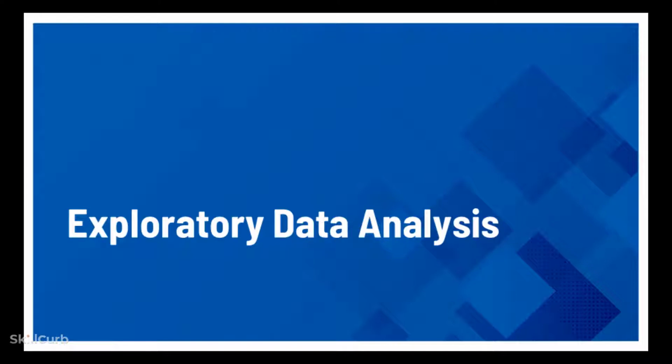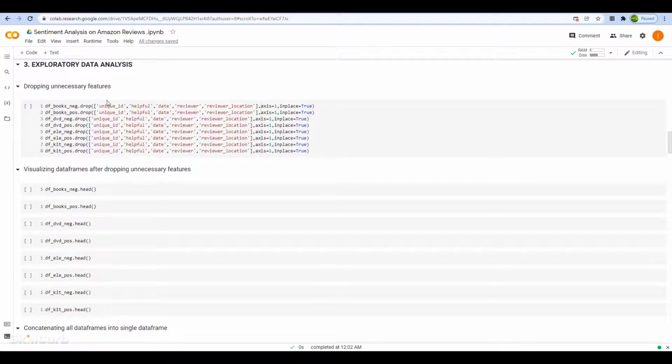In this session, we will perform the exploratory data analysis on the dataset we imported previously. As you can see, the columns, namely unique ID, helpful, date, reviewer, and reviewer location, are unnecessary for us as of now because we are interested in training a model that is able to detect if a comment is positive or negative. So for this purpose, we will remove these columns from our dataset.